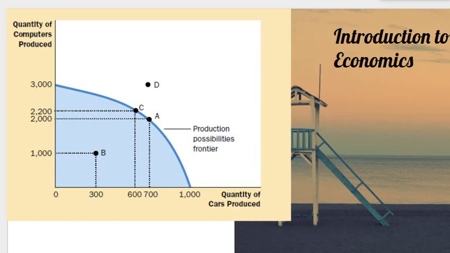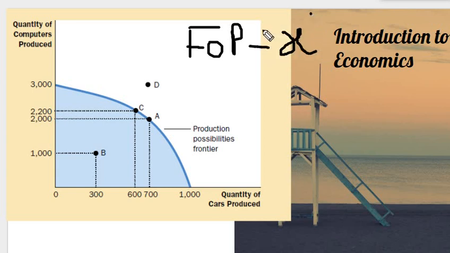Anyway, let's say with the given factors of production, let's say X or Y, whatever you want to call it, you can only produce either so much of this or so much of that. It's a hypothetical example to exemplify what the production possibility frontier means.